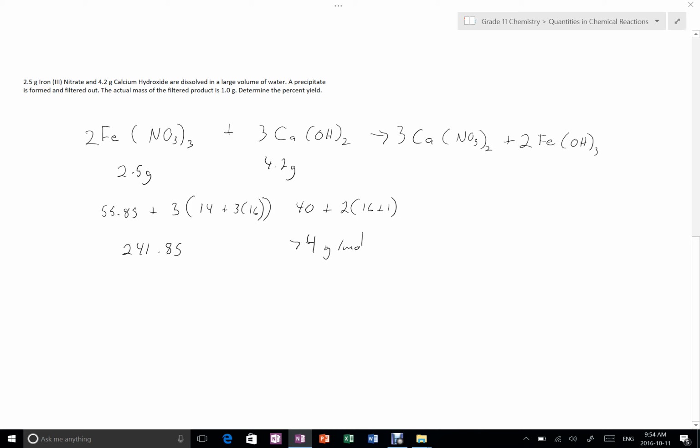So 2.5 divided by 241.85 gets me 0.0103 moles.